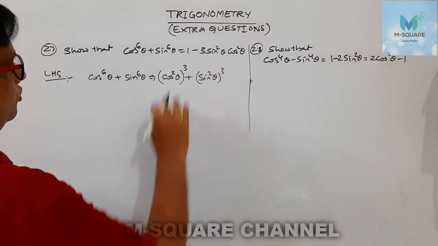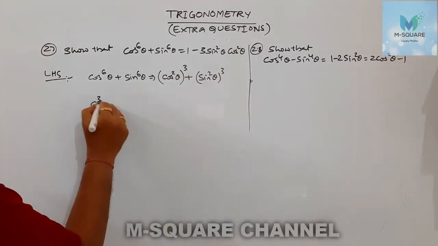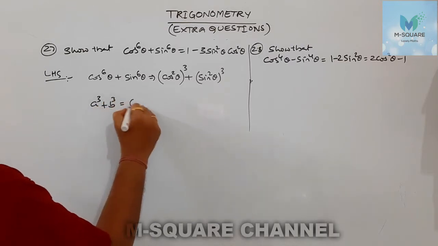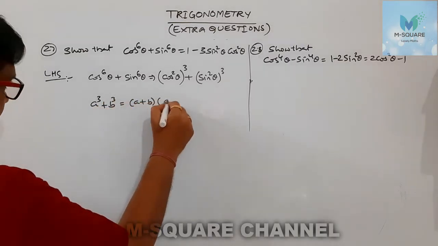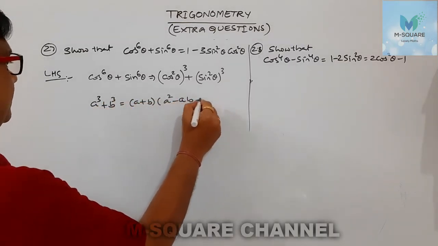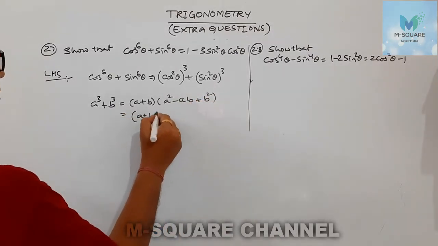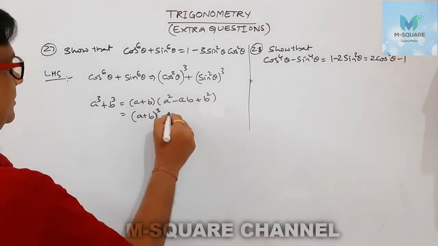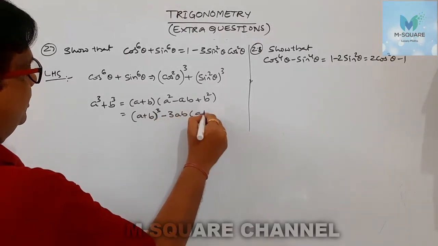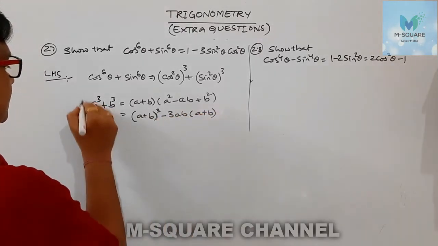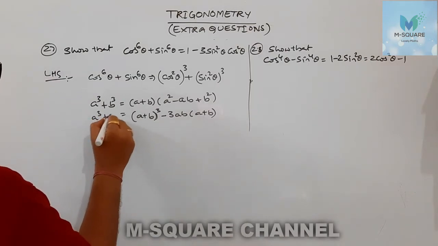This is now a cube plus b cube. What is a cube plus b cube? a plus b into a square minus ab plus b square. This is one form. Another one: a plus b whole cube minus 3ab into a plus b. This is another. So there are two forms.